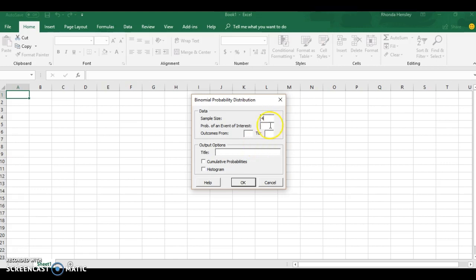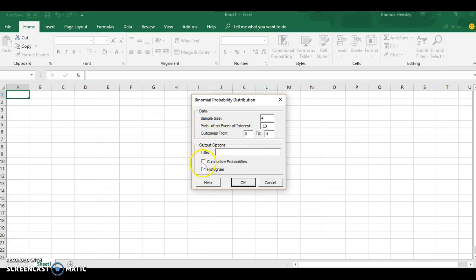So the probability of interest that they tell us is 10%. So 10% chance of occurring, and you have to tell it the outcomes for PHStat. Since our outcomes are from 0 to 4, I'm going to put a 0 to 4, and that will give me all the probabilities.